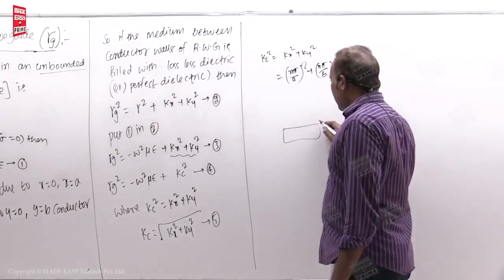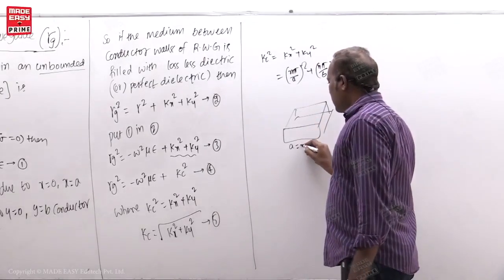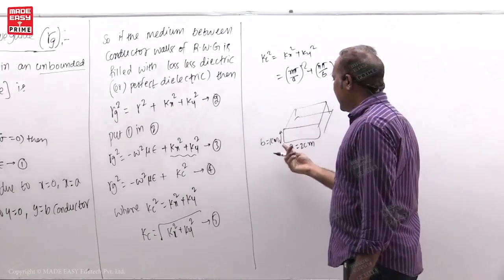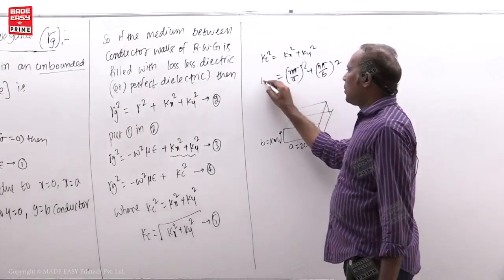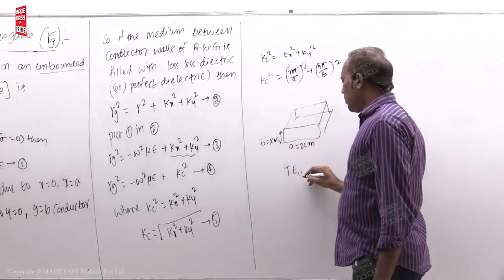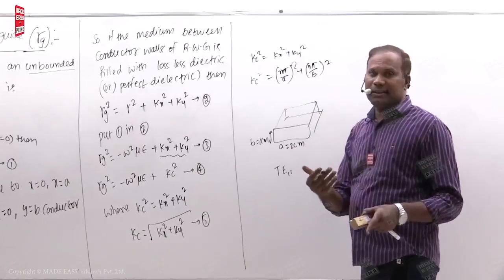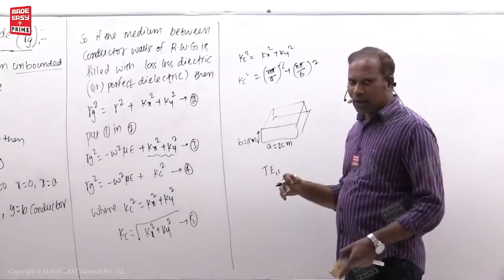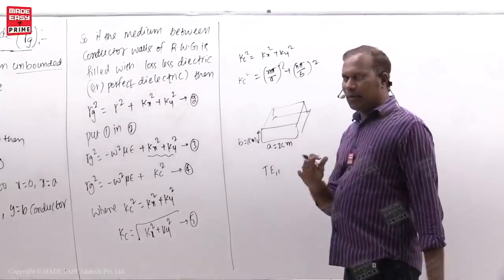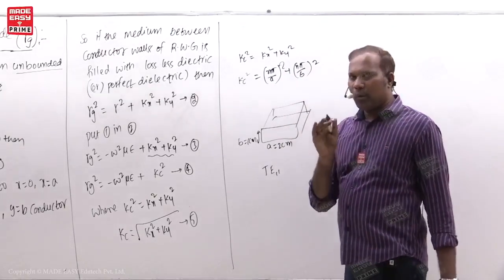Once you select the waveguide, student, and then a is equal to 2 centimeter is taken, b is equal to 1 centimeter is taken, then a, b are fixed now, then almost the mode is also fixed. For example, I want to send a signal in TE11 mode, then m is 1, n is 1. Don't worry about what the mode discussion is, in a little while you will understand a little bit. Mode also I will explain, don't worry. So m is equal to 1, n is equal to 1, then that is called TE11 mode.